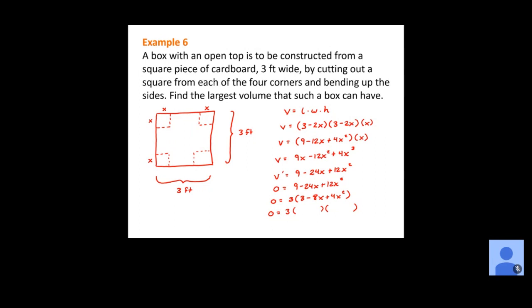If you want to rearrange the terms, if that makes it easier, think of it as 4x squared minus 8x plus 3. So what would be our factors there?